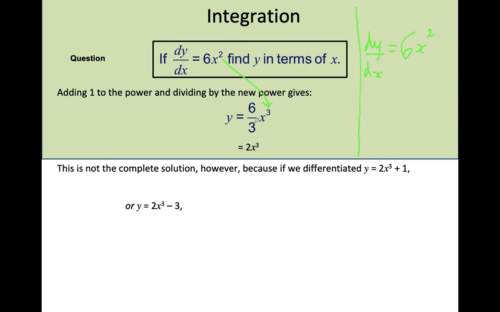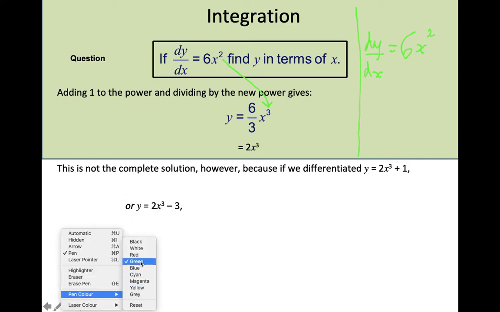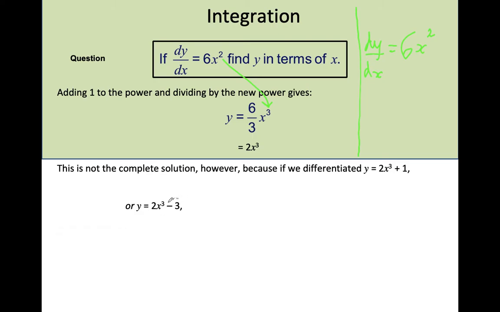Excellent. However, this is not the complete solution, because what happens if our original function was 2x cubed plus a constant? You know that when we differentiate, the constant itself disappears. Or, for example, we could have 2x cubed minus 3. So what we're going to say here is that integration is a little bit more complex than differentiation, because when you differentiate something, it sometimes gets rid of a constant.